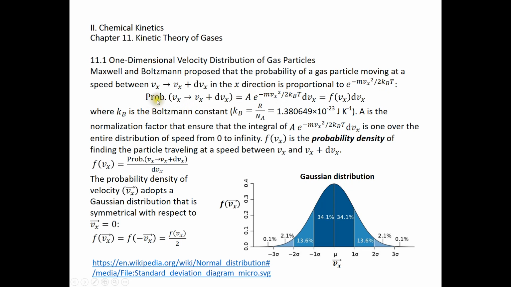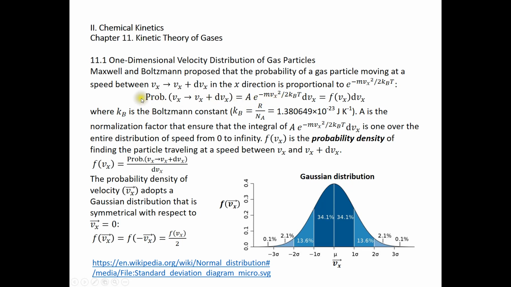The probability of finding the particle moving at a speed within this range can be written as A times this exponential function times dVx. Again, this is the exponential function of negative kinetic energy over kBT. dVx is the range, and A is the normalization factor.